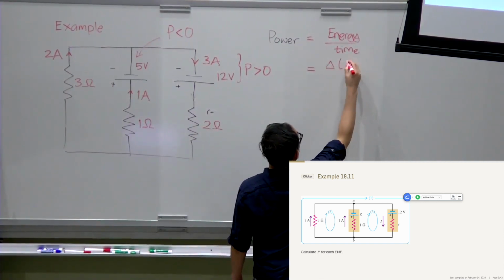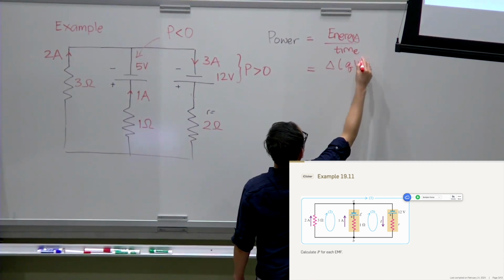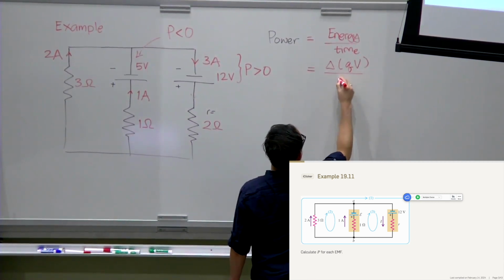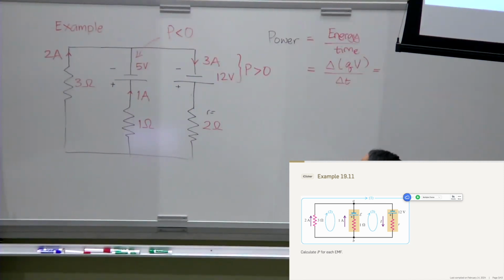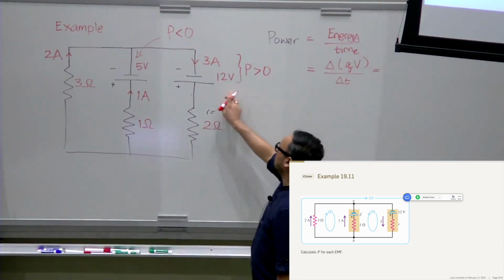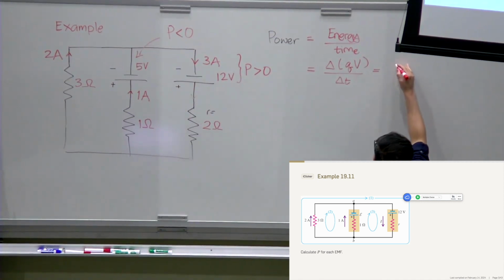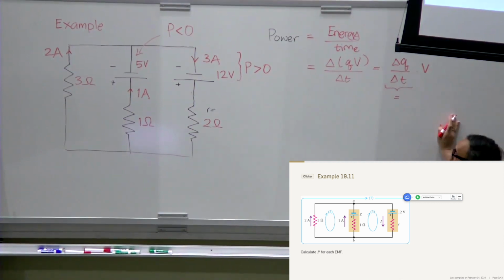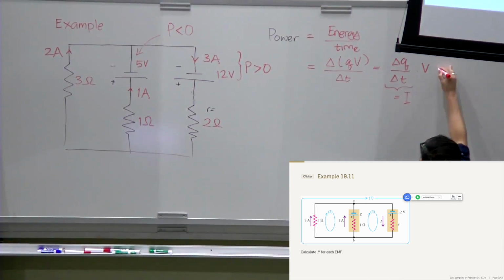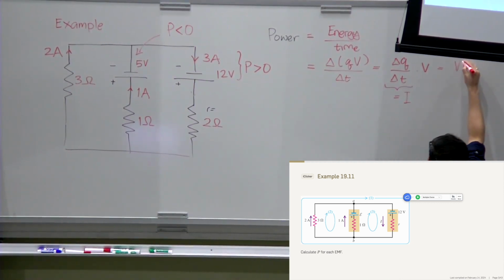So the change in energy is QV divided by delta T. For a constant potential, like here, 12 volts, 5 volts, it's delta Q divided by delta T times V. And this one is equal to the electric current. So this is how we derive P is equal to VI.